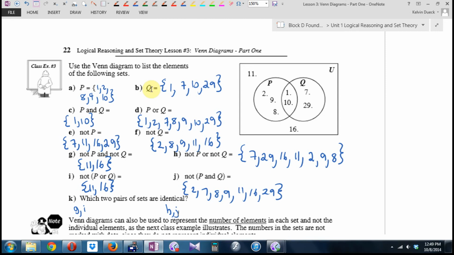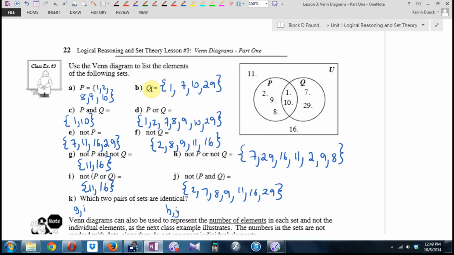Or means those guys in the same group. And you'll notice I found it tough enough that I didn't actually put them in numerical order. I was just going across the diagram from left to right, worried that I would miss some. Although if you went in numerical order, I applaud you, then you were able to keep track better than me. So I said there's going to be, well, if I go in order, a 2, a 7, an 8, a 9, an 11, a 16, and a 29.